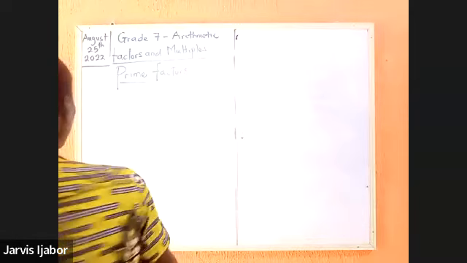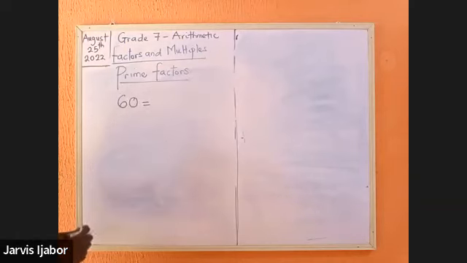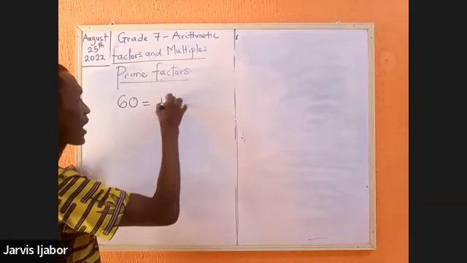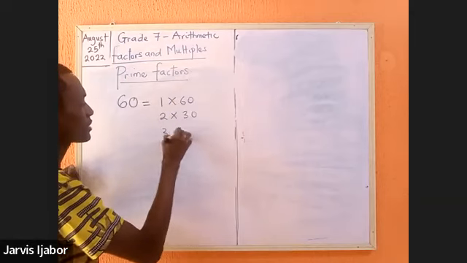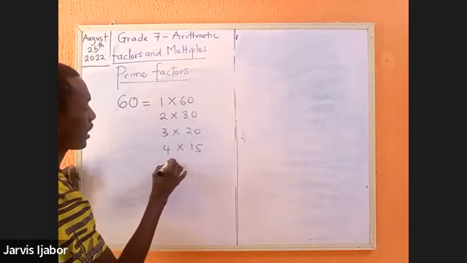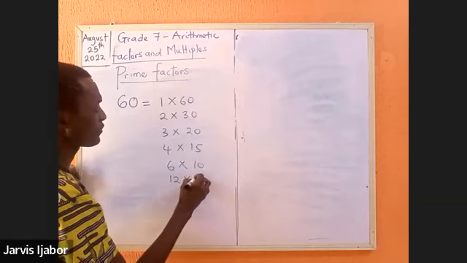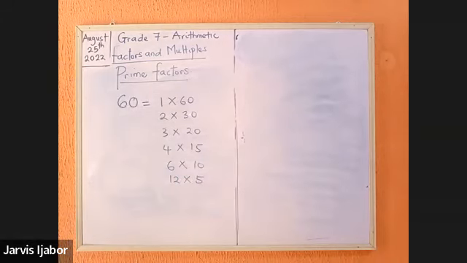Let's look at this. If I have 60, for instance, 60 by one of our techniques would have been 1 times 60, 2 times 30, 3 times 20, 4 times 15, 6 times 10, 12 times 5. Those are the possibilities you can have for 60.